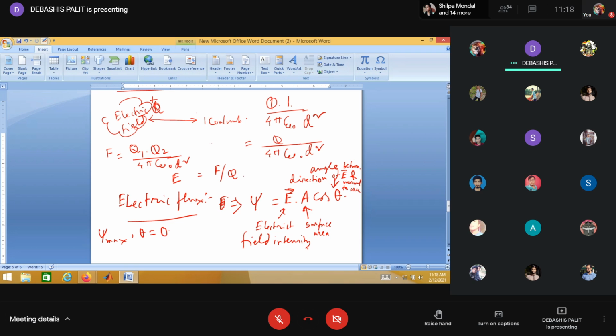That means perpendicular flux linkage on the conductor. If the machine is designed such that the flux linkage is perpendicular to the conductor, then the maximum flux linkage will be there. So machines are designed such that there should always be a perpendicular flux linkage with the conductor surface.